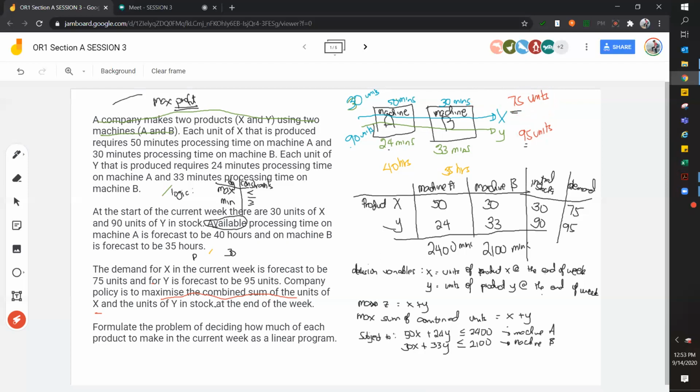Pero guys, kung ilalet natin yung X, paano natin mai-present siya? If X is the product at the end of the week, ibig sabihin dito dapat ay may X, product at the end of the week. Siguro, less than or equal? Okay, so parang ilalagay natin siya as ganito. X is less than or equal to greater.